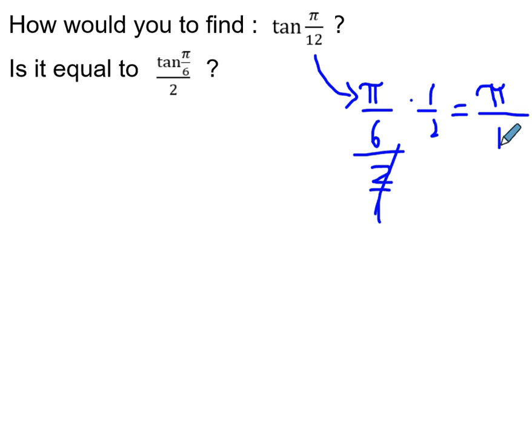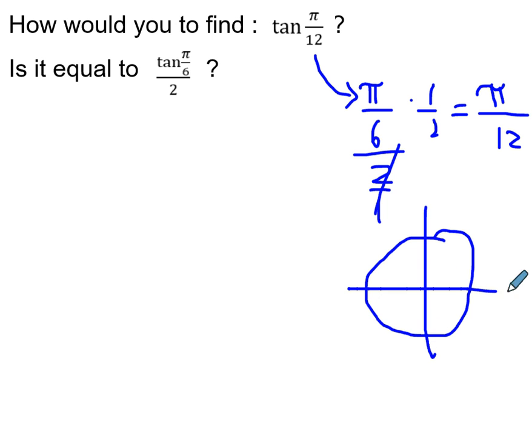If you visualize the circle, imagine your trig circle, pi over 6 is around here, because remember we can have 6 of that in pi, and our pi is over here. So pi over 6 is here.